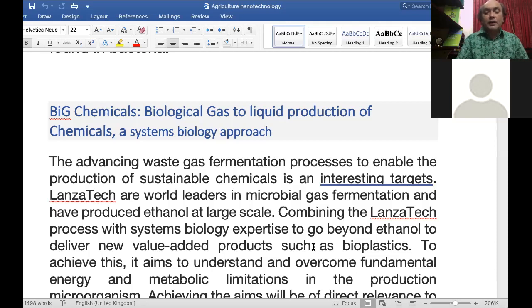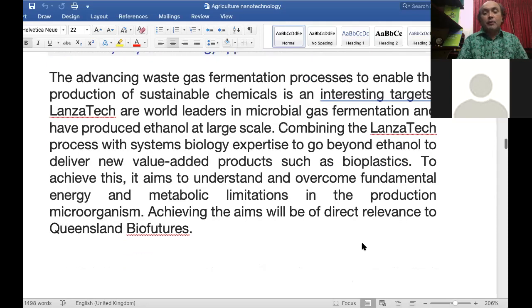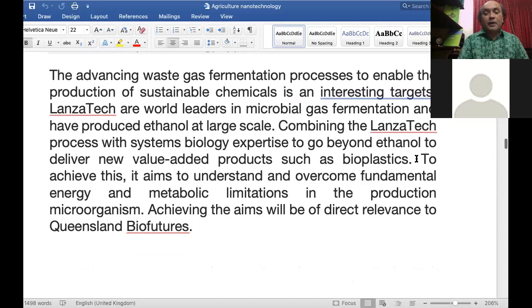What is the advantage of bioplastic? Bioplastics are biodegradable, and this is a very big advantage because plastic or polythene is a big trouble for our environment. So if we can replace them by bioplastic, that is converting biomass into useful plastic, that would be very good.